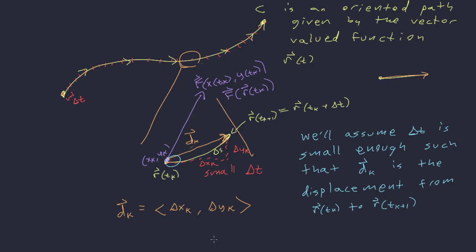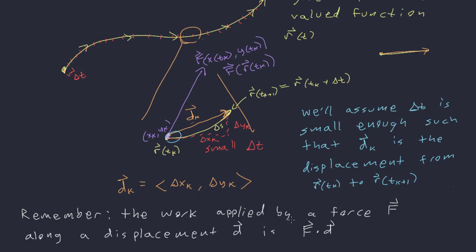Well, why am I doing this? Remember the work that F applies along a displacement d. The work applied by a force F along a displacement d is F dot d.